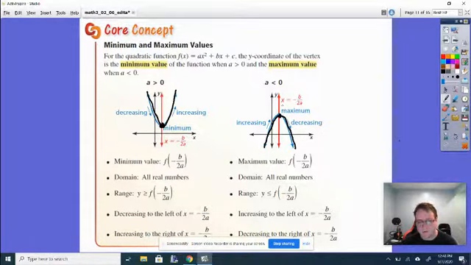For the first one, I don't really have a maximum because it's going to go on forever. And then for this one, I don't really have a minimum because it's going to go on forever. It's going to be negative infinity or infinity, as the case may be, which is not usually interesting to us. So we don't worry about those global maximums in that case or minimums in that case.